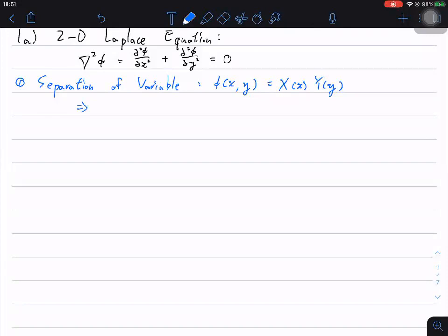And by writing that and substituting these two functions into the equation, we obtain this equation, where the X double prime means the second derivative with respect to x, and the Y double prime means the second derivative with respect to y.